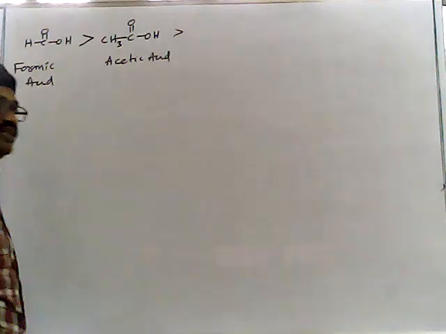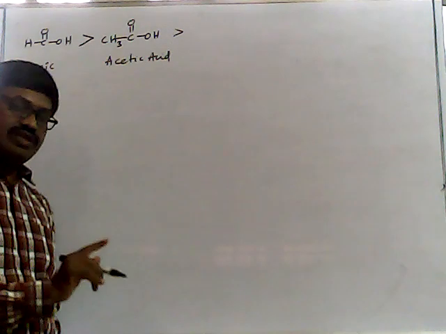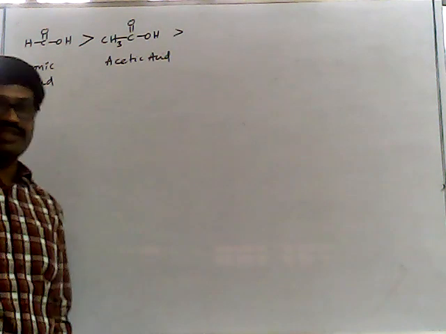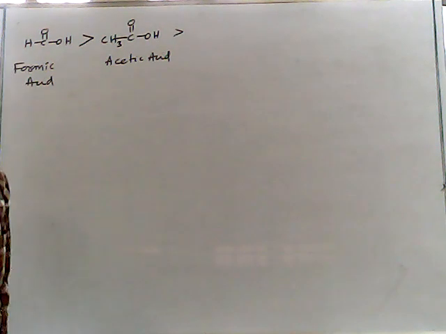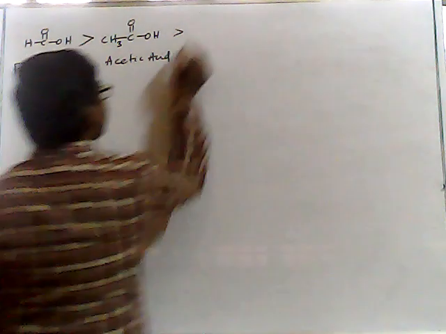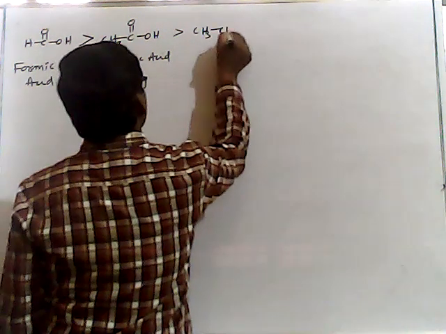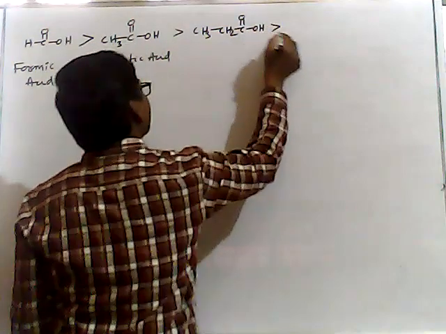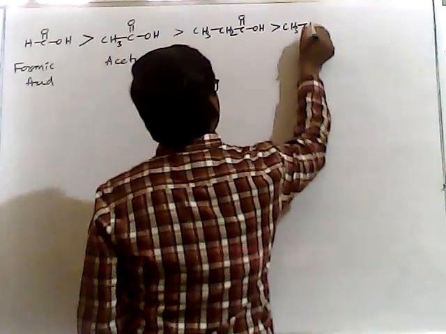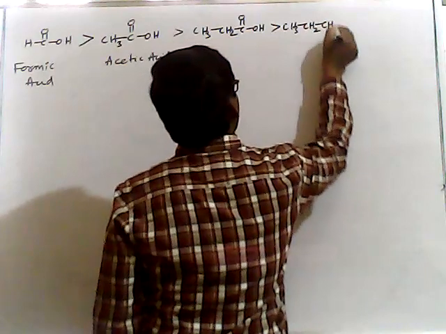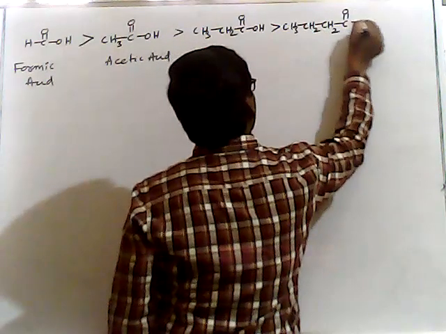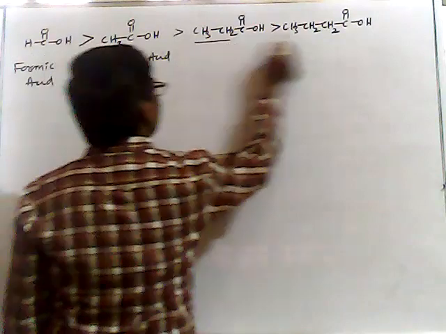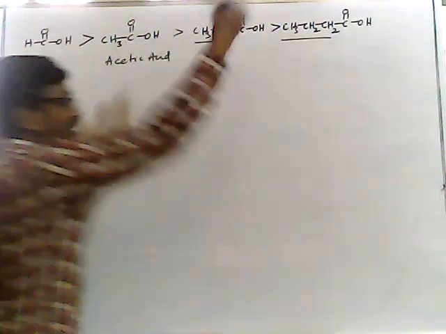Then, as I just told, when the size of the alkyl group increases, the inductive effect, the plus I effect, also increases. In the same way I am writing CH3CH2 C double bond OH. Then CH3CH2, one more alkyl group I am adding here, C double bond OH. So this is very weak, because here an alkyl group with 2 carbons, here 3 carbons, and like that we can write 4 carbons.